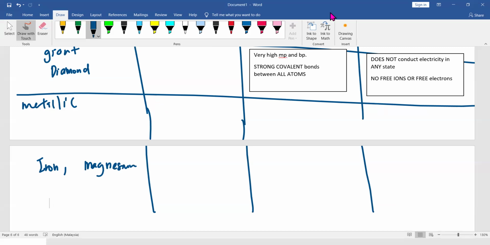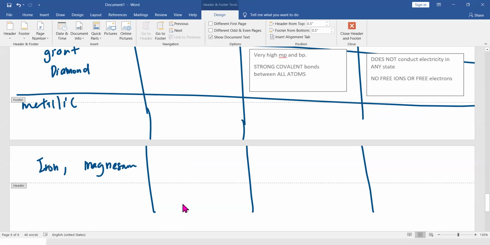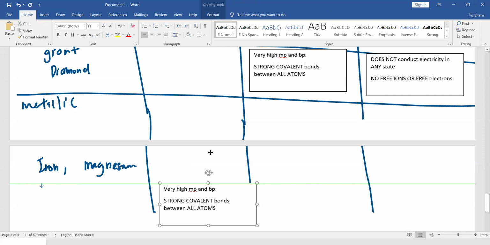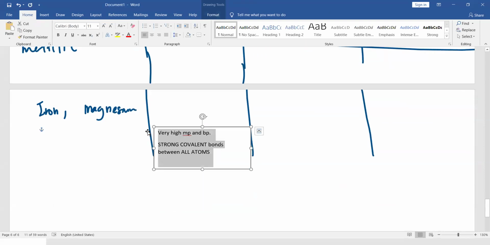For this one, the definition is very specific.